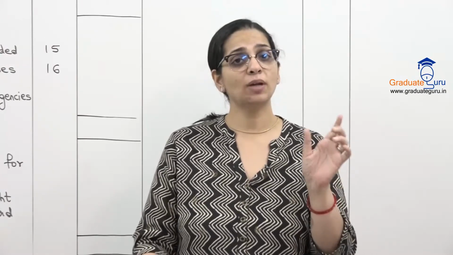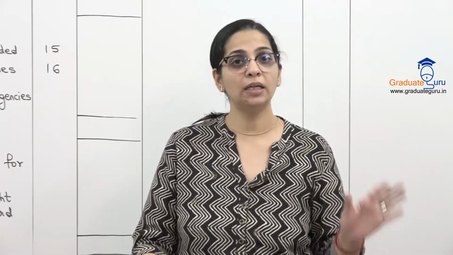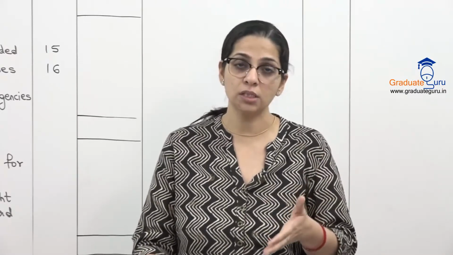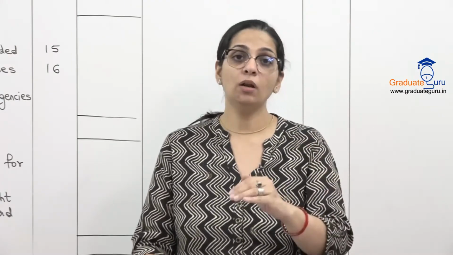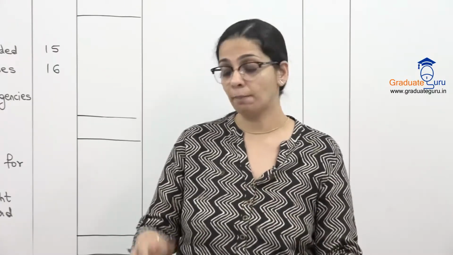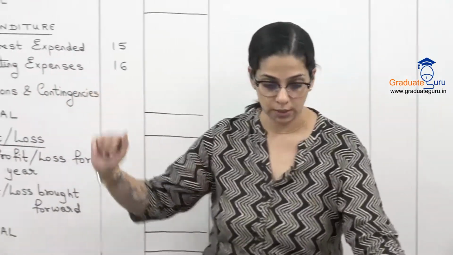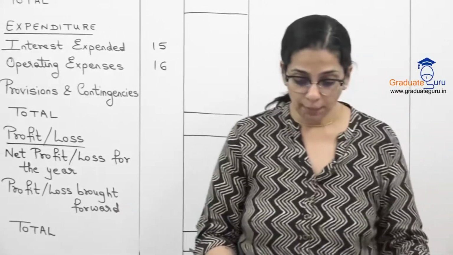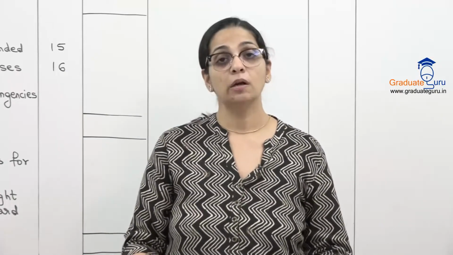It will help us to calculate our provision for NPA. जो हमने last session में detailed sums किए थे based on this. Now we will use that concept and we will also calculate one of our major expenses, which is provisions and contingencies.